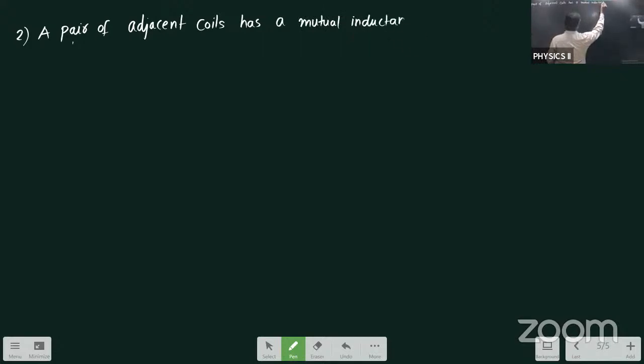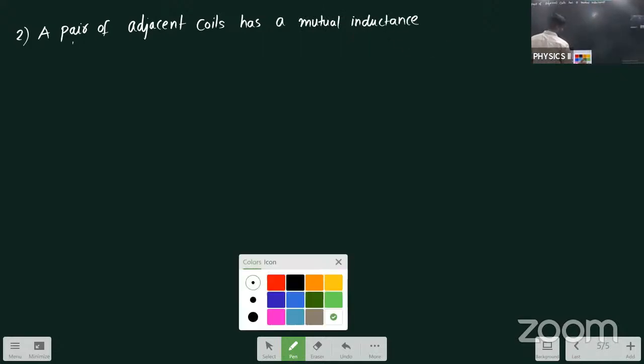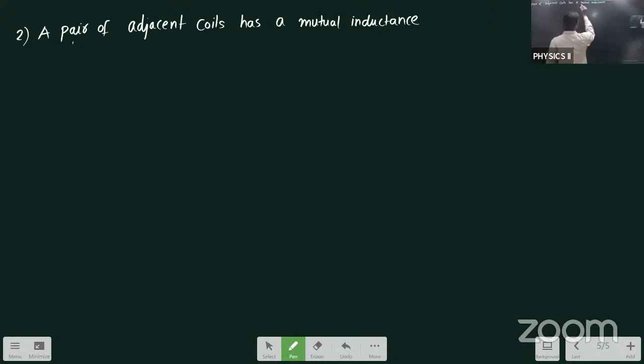See here, in the previous problem we discussed self-inductance. In this problem, we are going to discuss mutual inductance. So how much is the mutual inductance given in the question? Mutual inductance of 1.5 Henry. Okay, very good.